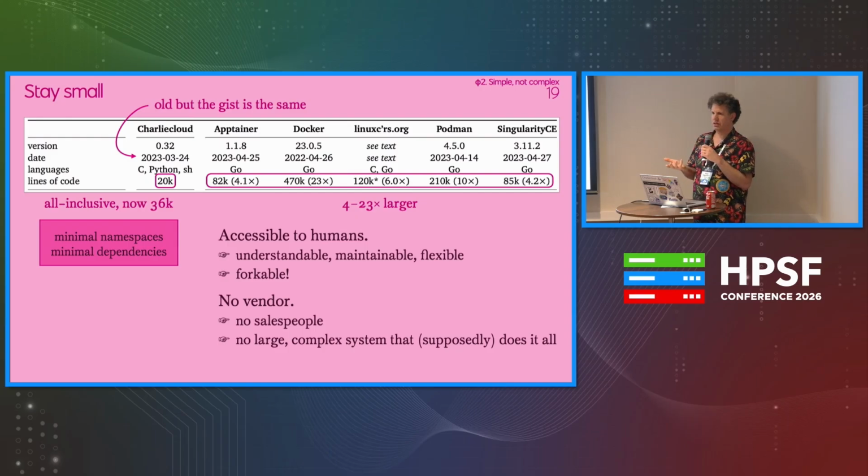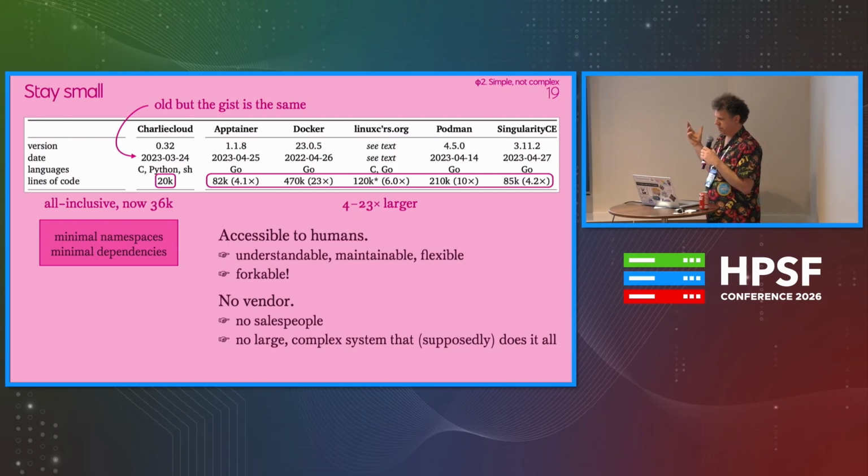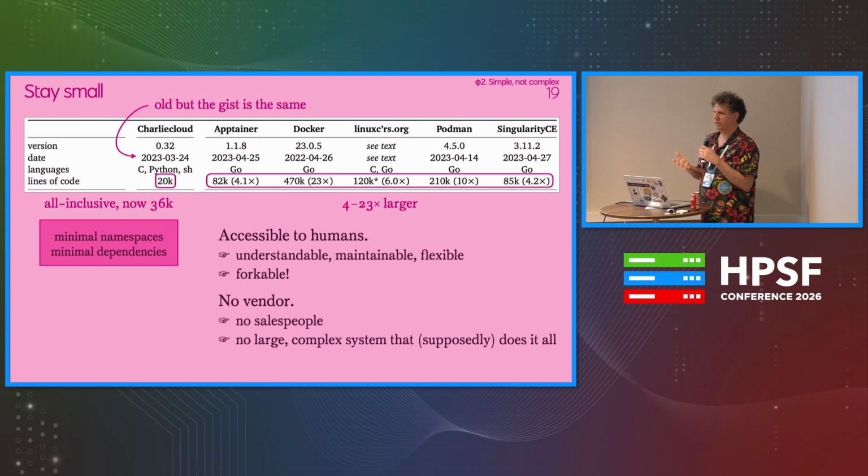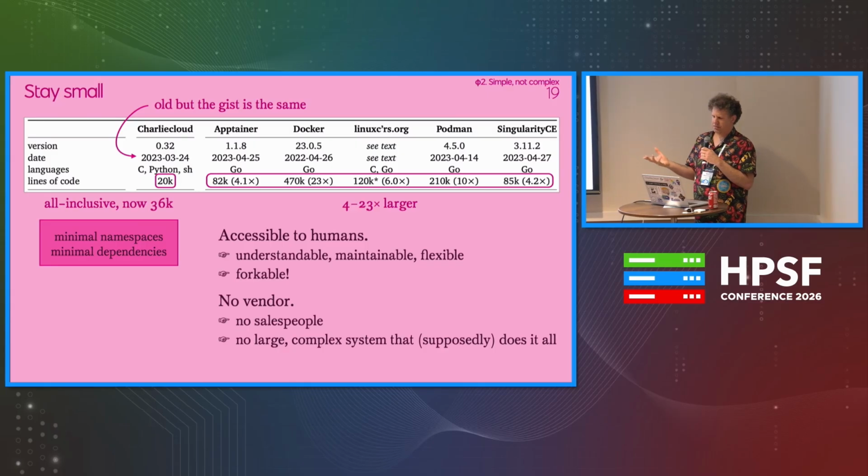You could fork Charliecloud. I would be really impressed if somebody managed to fork, for example, Podman and have it actually work. There's no vendor attached. I mean, there's the Charliecloud team, and we have opinions. But what we don't have is salespeople. We don't have a large, complex system that we tell you does everything, and then you discover what it doesn't do later.